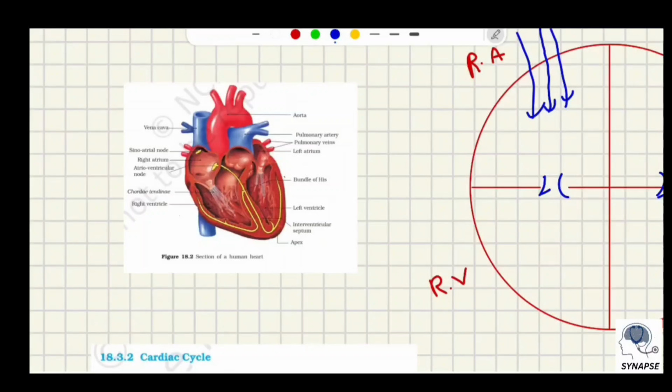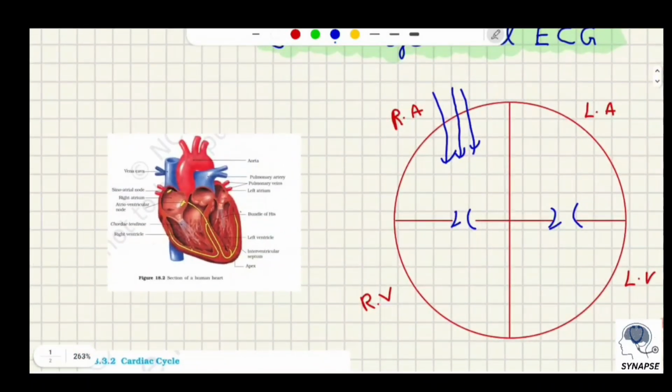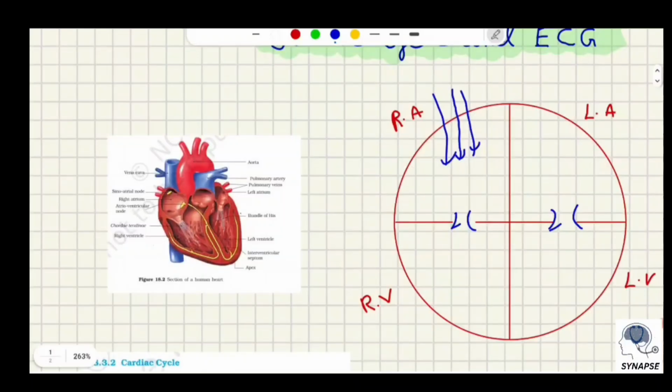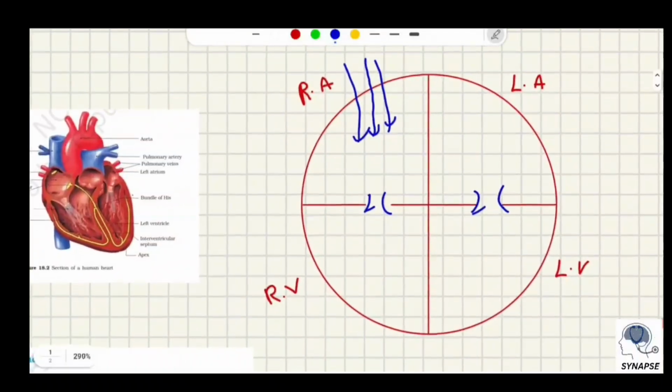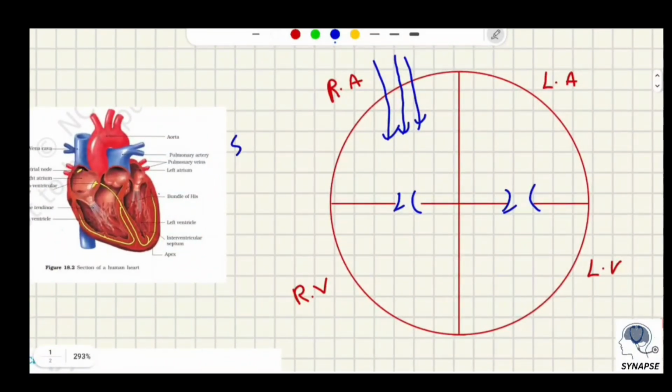Now in this cardiac cycle, you need to have a good vocabulary with the cardiac musculature. What vocabulary do you have to know? One is systole, and one is diastole. When I say systole, it means contraction, and when I say diastole, it is relaxation.